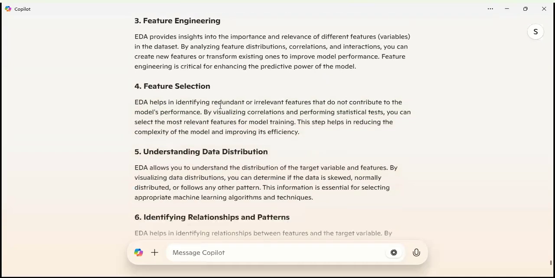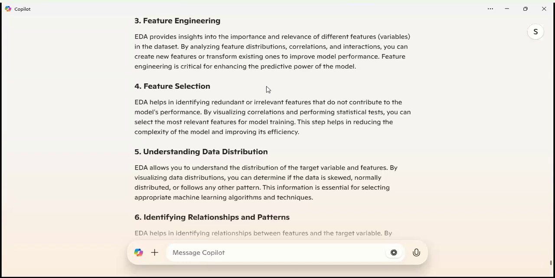Okay, feature selection is where EDA helps in identifying redundant or irrelevant features that do not contribute to the model's performance. So whatever features are there, it is going to identify. That process also comes under EDA. Let us say you identified some features that are not relevant, they are redundant, repeating, then you need to reduce them.